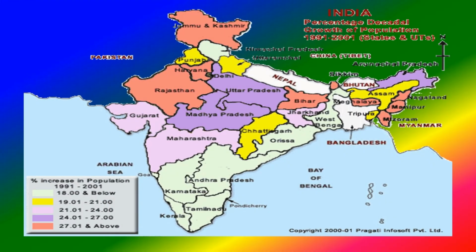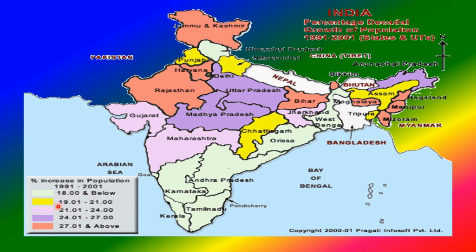Look at this map. Percentage of growth of population, 1991 to 2001. In white, below 18.00%.